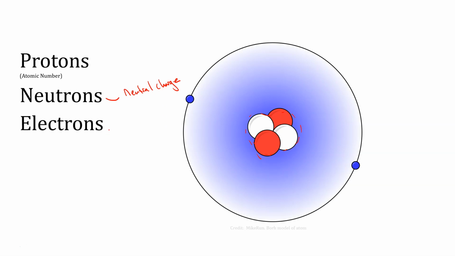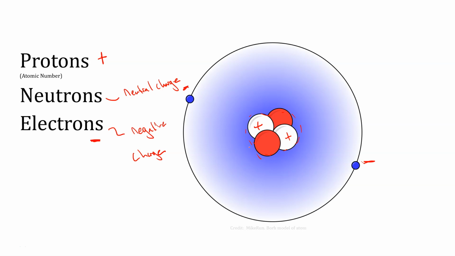Electrons are negatively charged. So if an atom is electrically neutral, it will have the same number of protons, because those are the positive charges, and the same number of electrons. So that's what we see here. We saw two protons, and then we see two electrons.